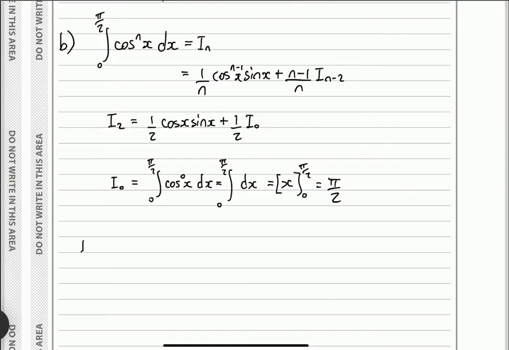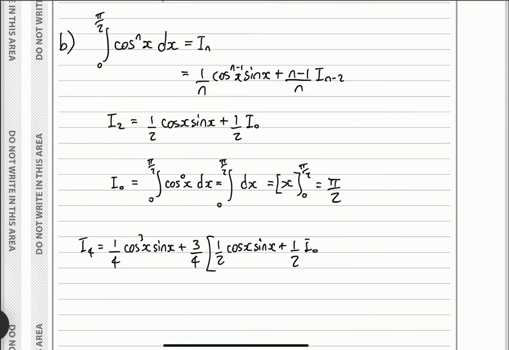Let's go I4, which is 1 over 4 cos cubed x sine x plus 3 over 4 I2, but we know I2 is a half cos x sine x plus 1 over 2 I0.